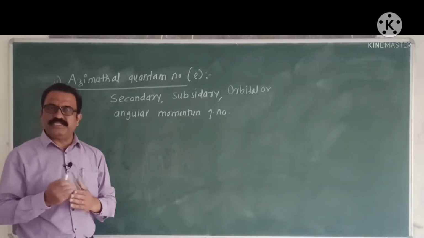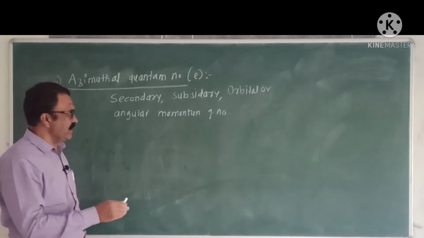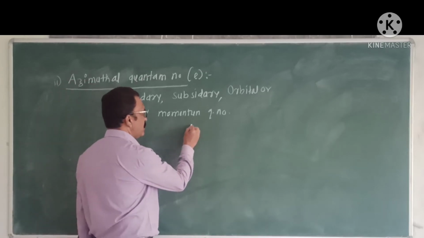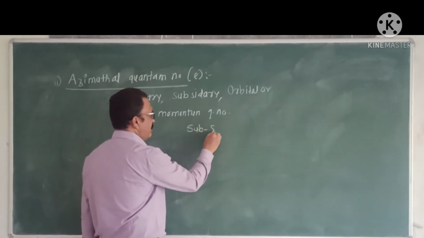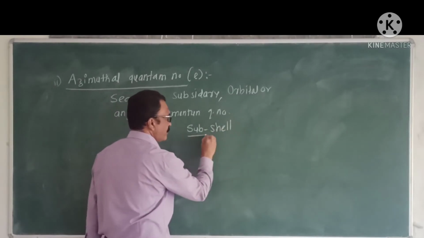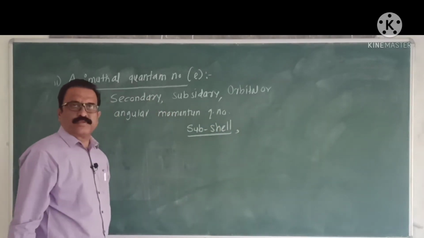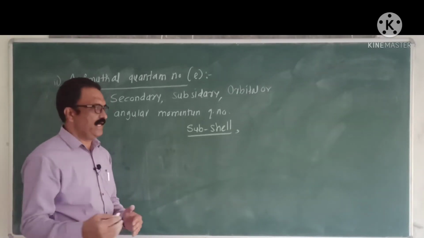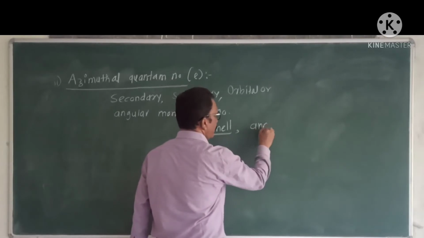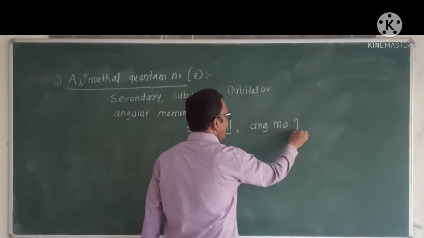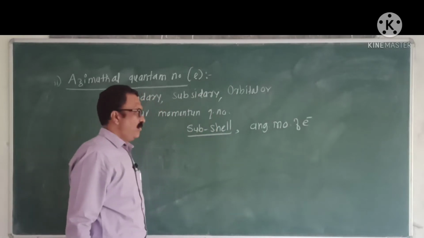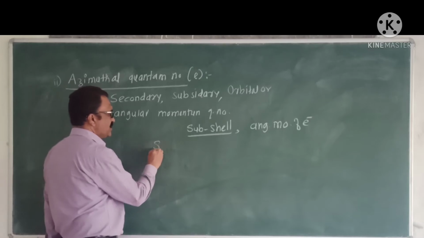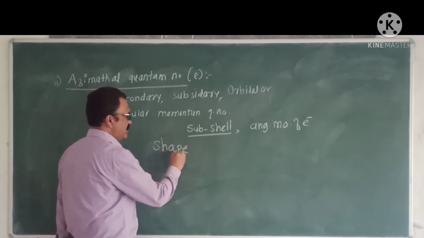Okay? This azimuthal quantum number gives information about a subshell, angular momentum of electron, subshells, and the shape of orbitals.